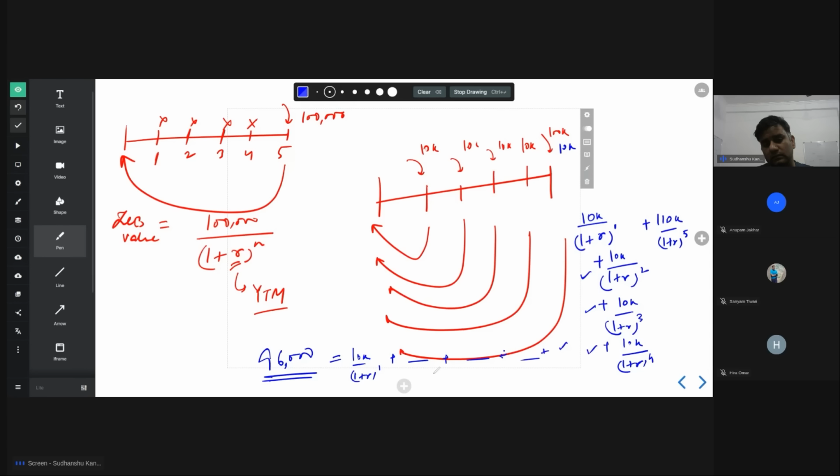So what is this R? This R is equating the present value with the market value, with the present value of cash flows.